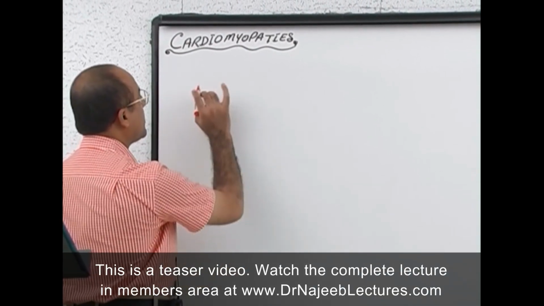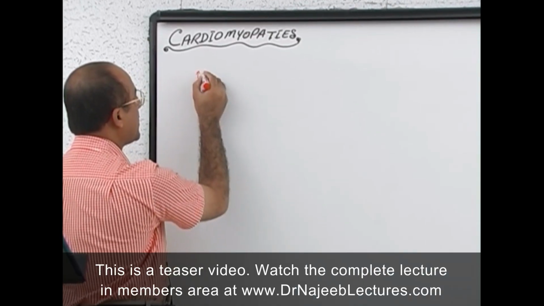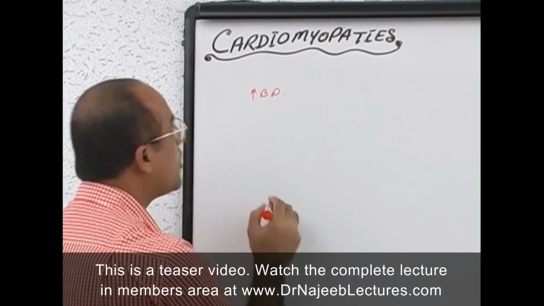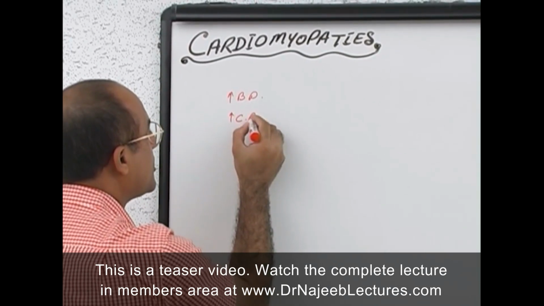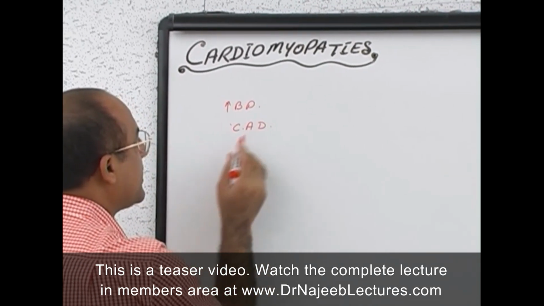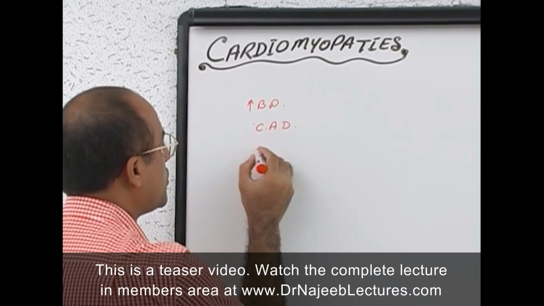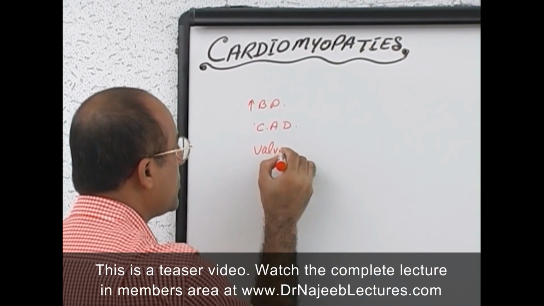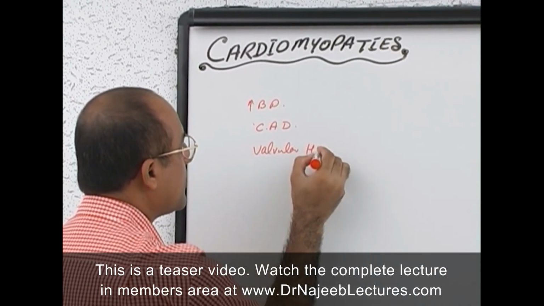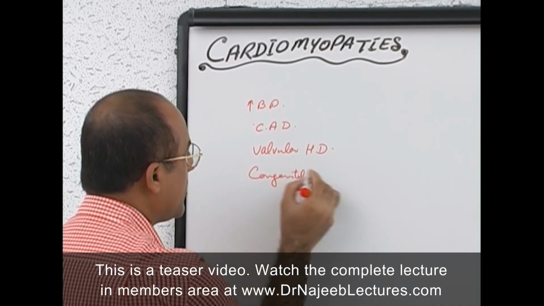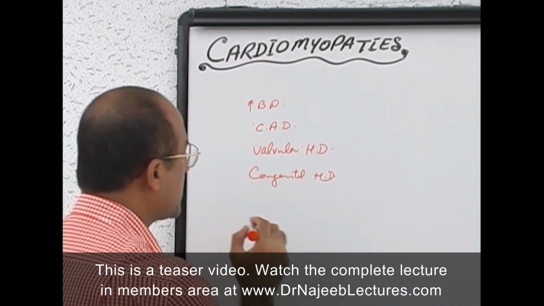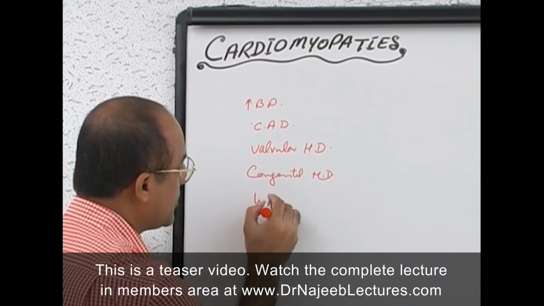For example, myocardial damage due to high blood pressure, hypertension, myocardial damage due to coronary artery disease, or myocardial damage which is due to valvular heart disease and congenital heart disease, and then we can talk about inflammation.